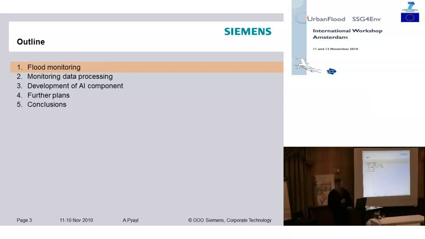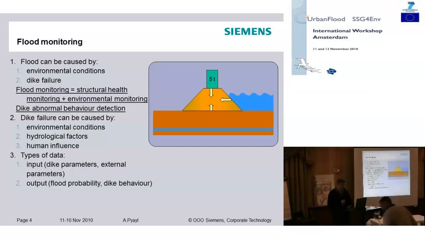Let's start with flood monitoring as we see it in Siemens corporate technology. Flood can be caused by environmental conditions, for example, dike overtopping, or by dike failure. This means that flood monitoring is a mix of dike structural health monitoring and environmental monitoring.